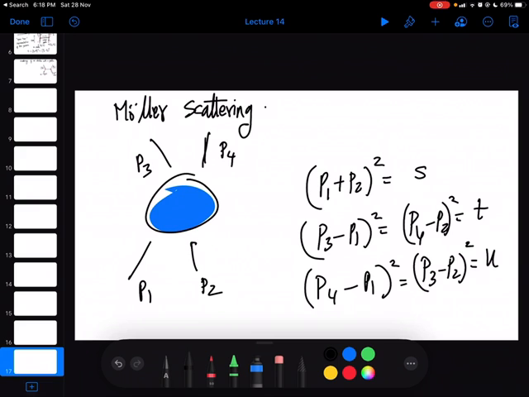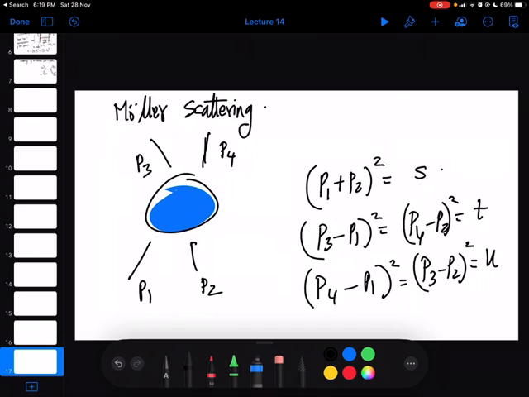So as long as you are at the tree level and in a 2 to 2 process, you know how to organize all the possible diagrams. You ask whether the S channel is possible. If it's not possible, is the T channel possible? If it is possible, is the U channel also possible? That's the only thing you can think.